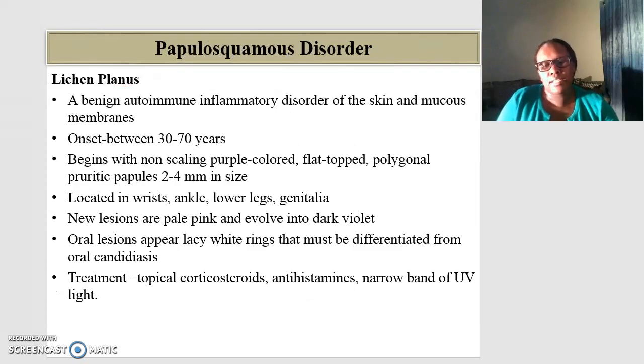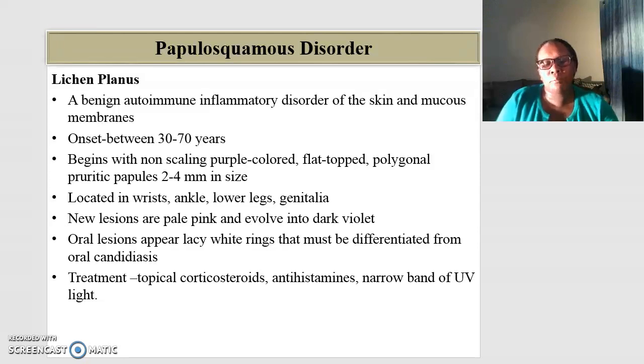Lichen planus. It's a benign autoimmune inflammatory disorder of the skin and mucous membrane. Onset begins between 30 to 70 years. It begins with a non-scaling, purple-colored, flat-top, polygonal, pruritic papule, which is around 2 to 4 centimeters in size, located in the wrists, ankle, lower leg, and genitalia.